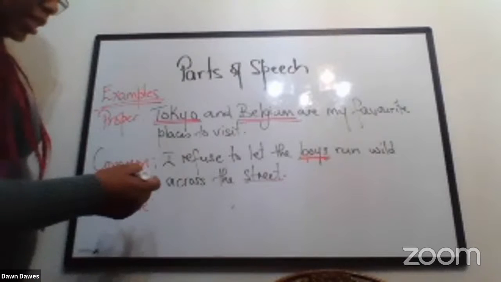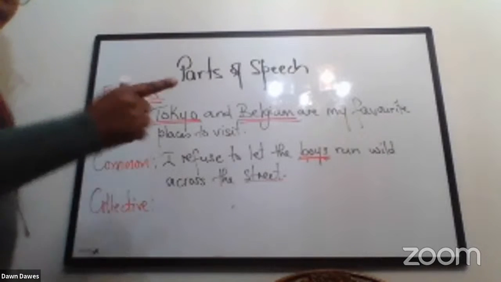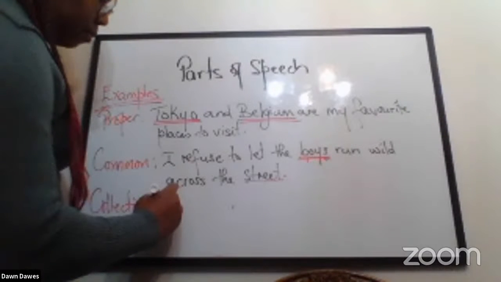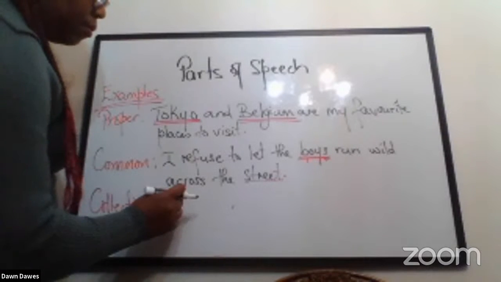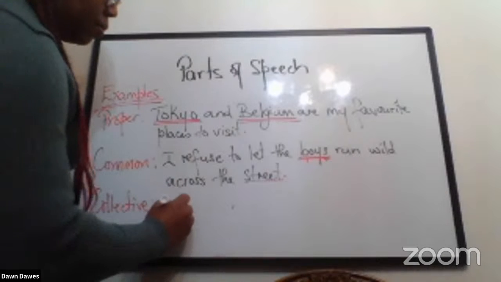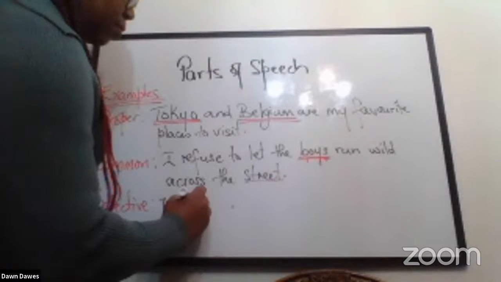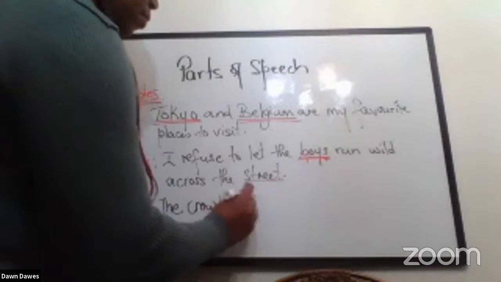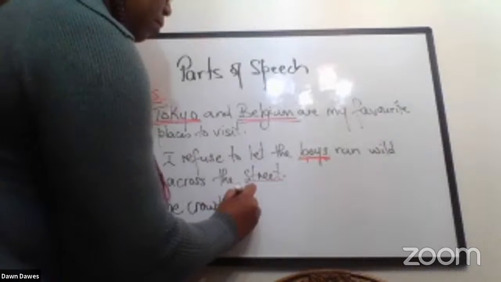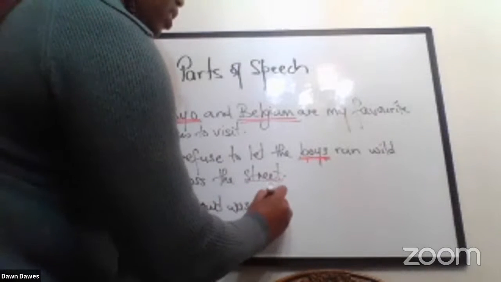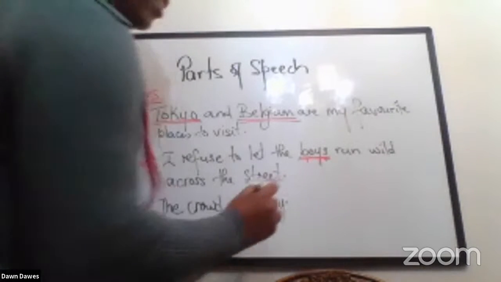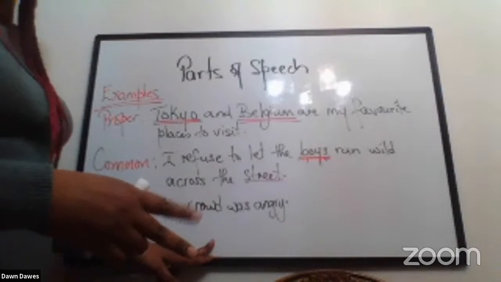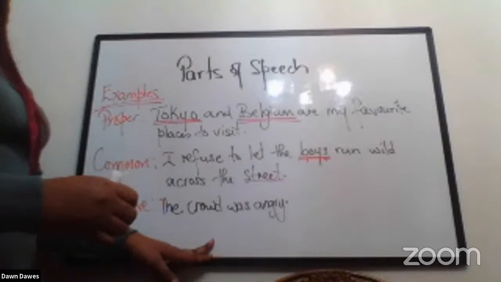So let's see if we can do a compound sentence here. And we say that a compound sentence is where you have two simple sentences being joined by a conjunction.